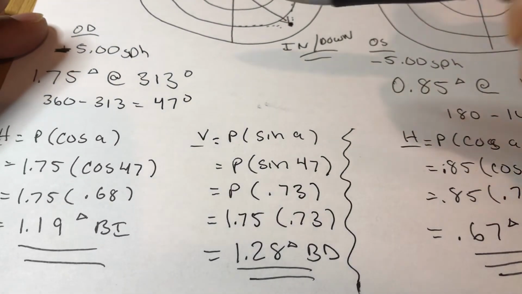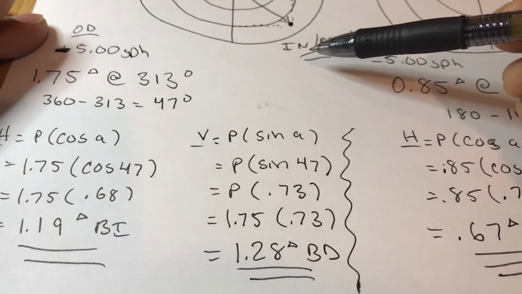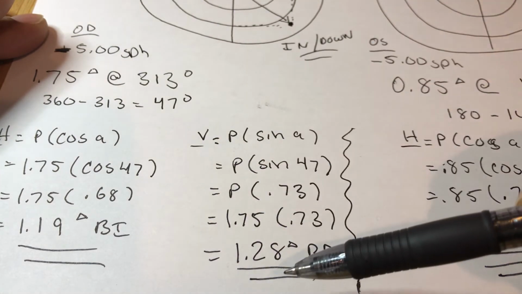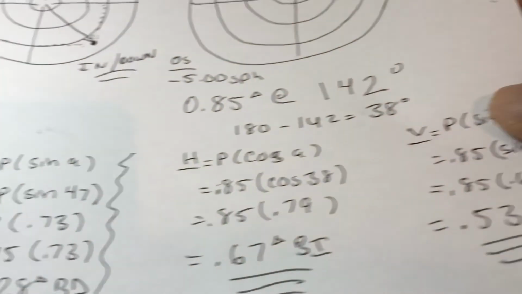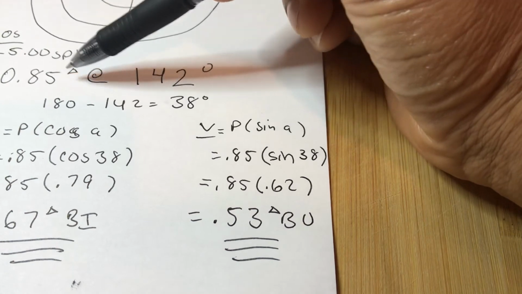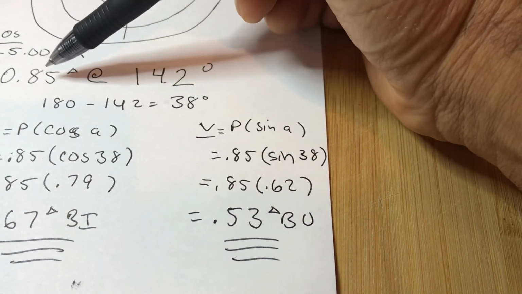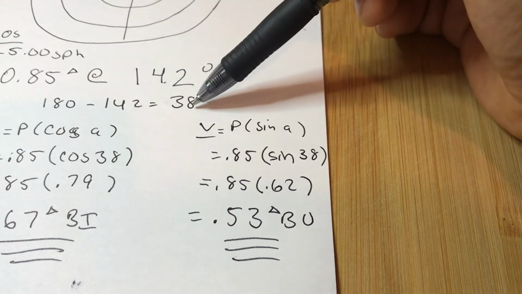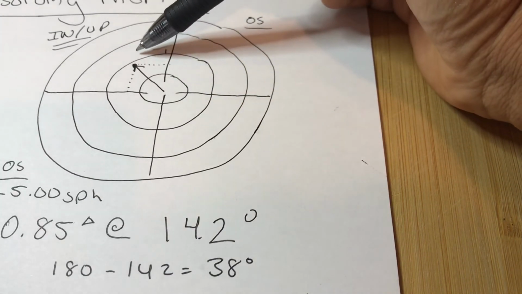We run through the formulas. We end up with 1.19. It has to be base in. We end up with 1.28. That has to be base down. Left eye, if I gave you 0.85 at 142, it essentially is the same thing as saying 0.85 at 38 degrees, quadrant 2.